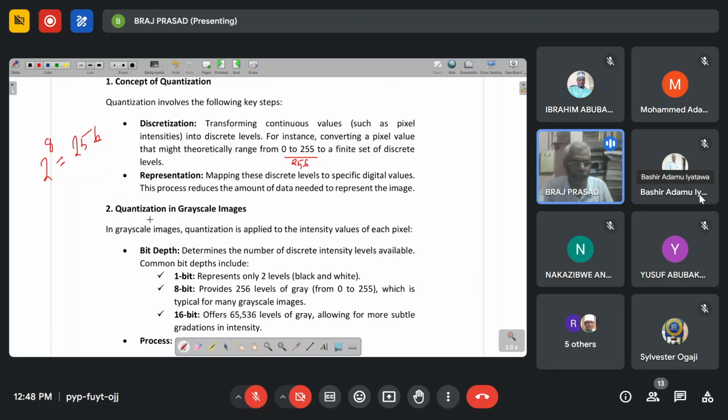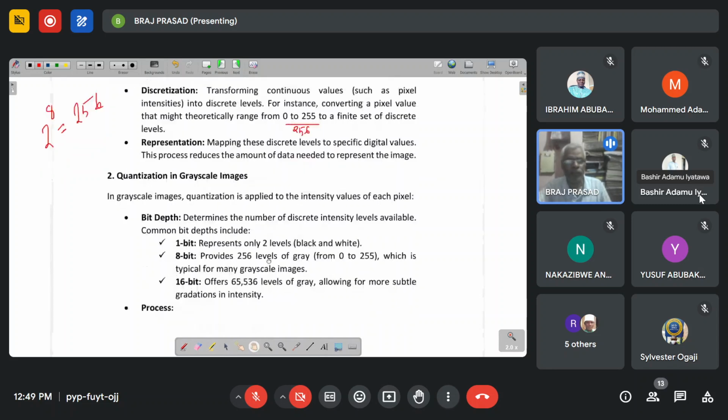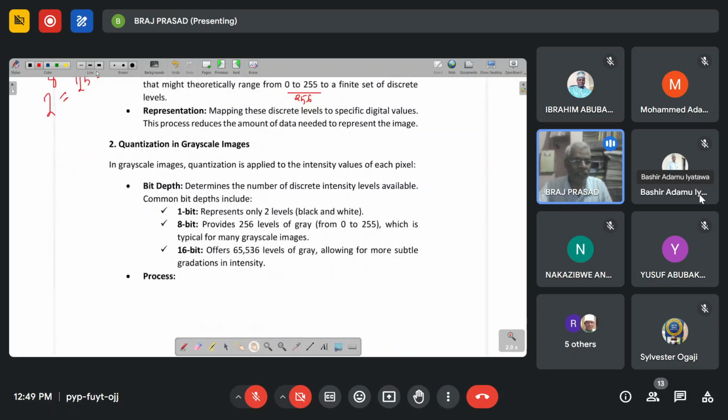Representation: there may be different types of representation. In quantization of grayscale, we can use different concepts. Generally in real life, we use a single color to represent an object, and that is called monotonic.